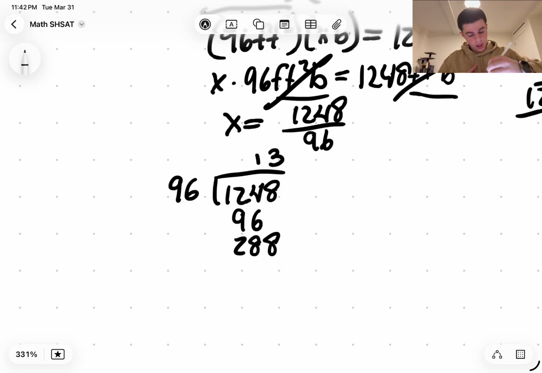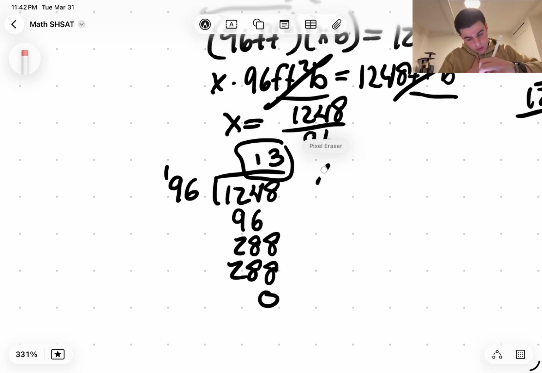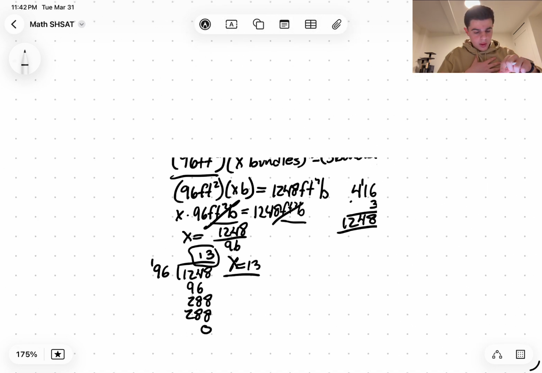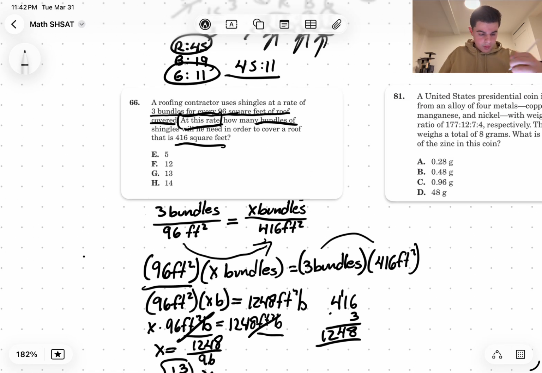So 3 times 6 is 18, carry the 1, 3 times 9 is 27, add 1, 28, and you get 0. So X equals 13. That is our answer, which is G.